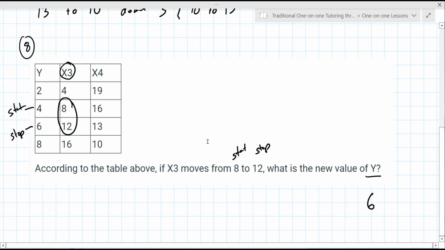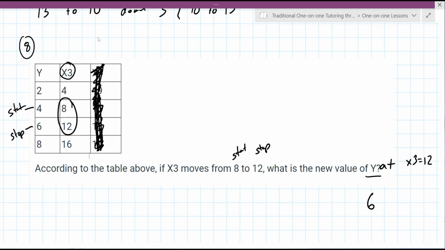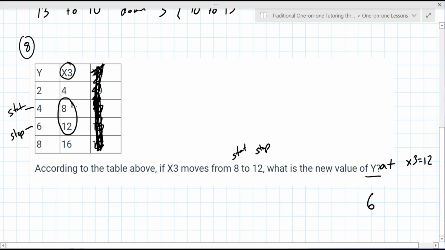From is where you're starting from, stop is where you're going to, and they're really asking what is the new value of y at x3 equals 12, but they're not saying that explicitly. And again, this column doesn't matter. It's just extra information. You have to think of it as an arrow. 8 went to 12, so y went from 4 to 6. And they're just asking for that new value of y, which is 6.